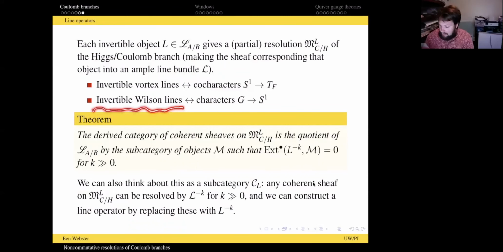And similarly, invertible Wilson lines give us characters of G, and you can use those to construct resolutions of the Higgs branch via doing GIT. So both of these can be phrased in terms of GIT quotients, but it's secretly some more general construction involving invertible lines.